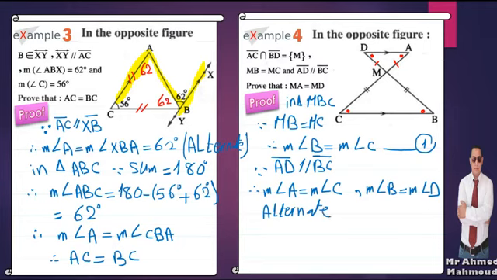Okay, therefore measure of angle A equals measure of angle D, therefore MA equals MD.